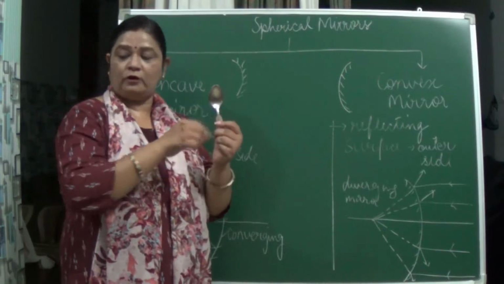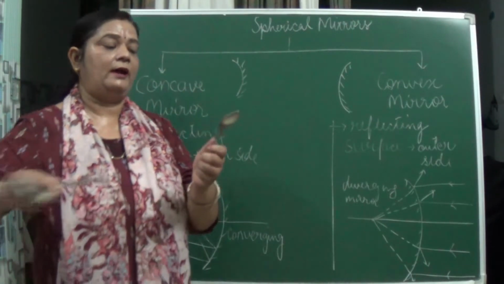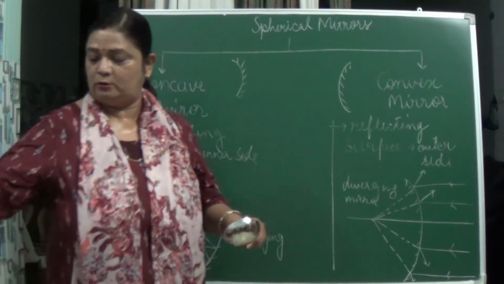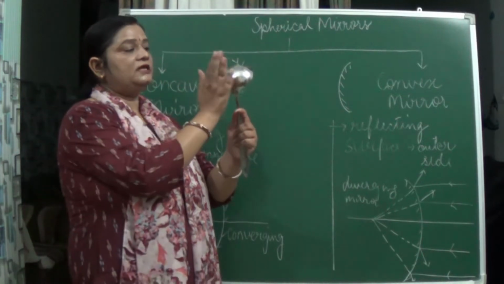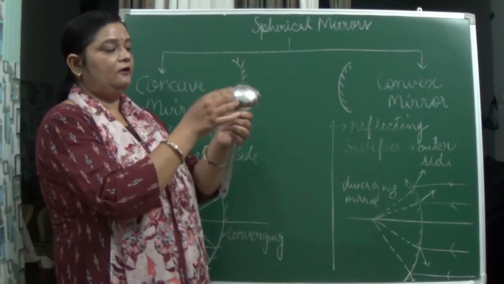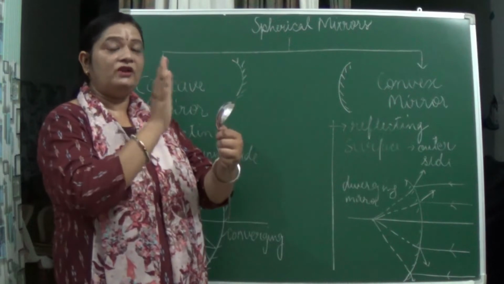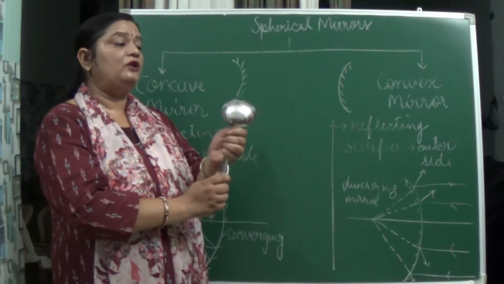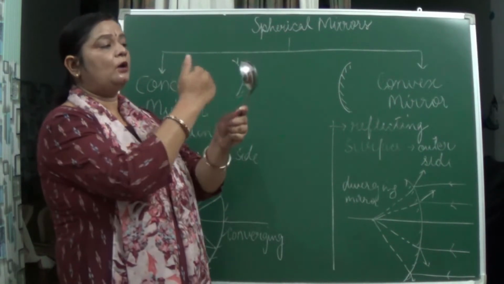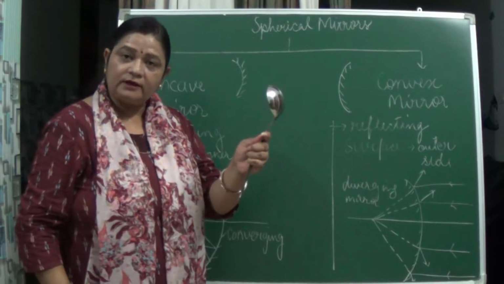To make you understand, I am taking a bigger one, the spoon version only, the bigger one. From this side, if you see your face, you will get an erect face, and when you see from the concave side, you get the inverted face.